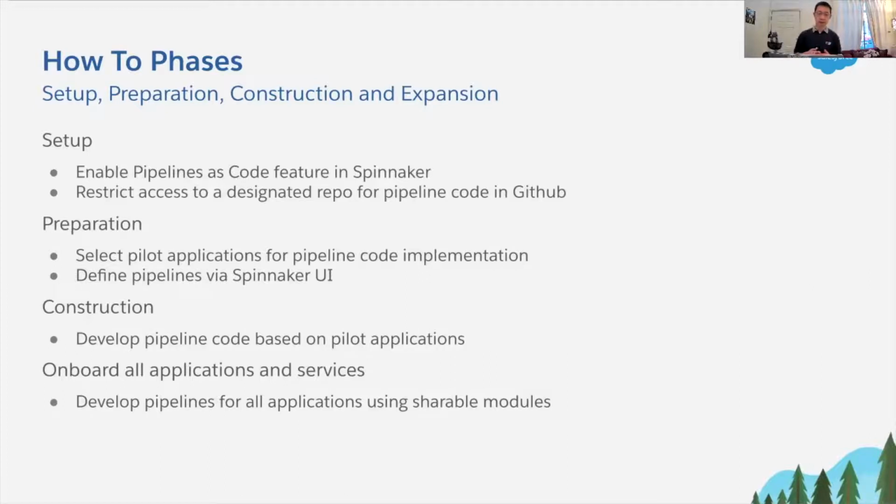During this phase, we develop pipeline code based on the pilot applications. This involves quite a few steps. I will go into a little more detail using examples in the following slides. After construction, we're ready for expansion. What that means is we are ready to onboard all services and applications based on the outcome from the pilot applications' pipeline code and the shareable modules from this experience.